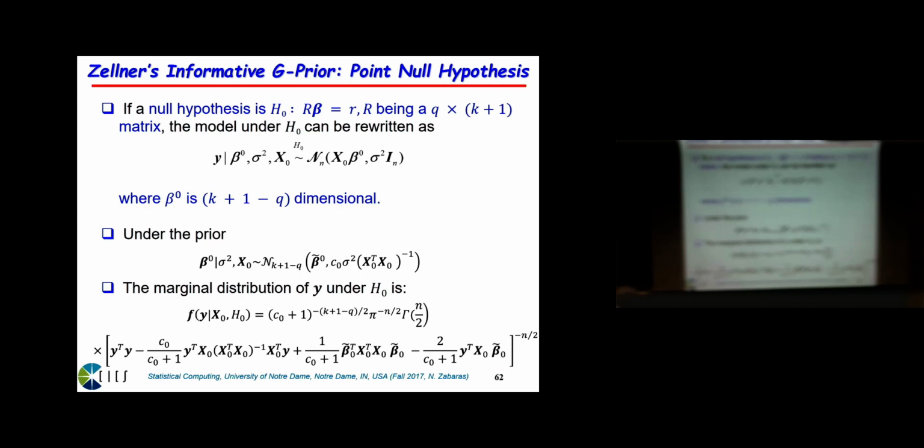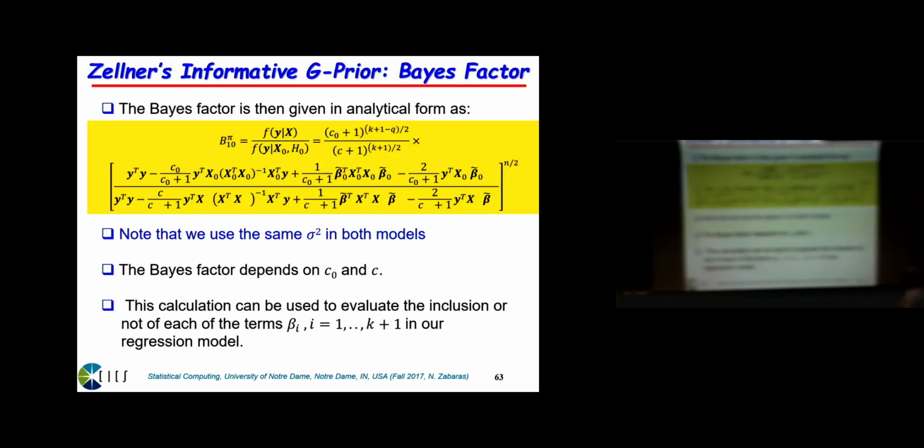Here Q corresponds to the number of variables that I remove. In my case, if I remove only one, Q will be equal to 1. So I'm removing one variable out. So how do you compute the Bayes factors? I'm using different Cs here just to generalize this.